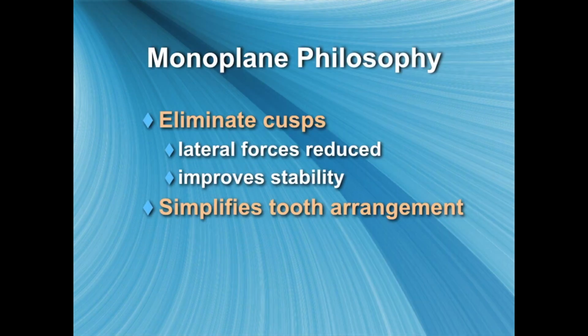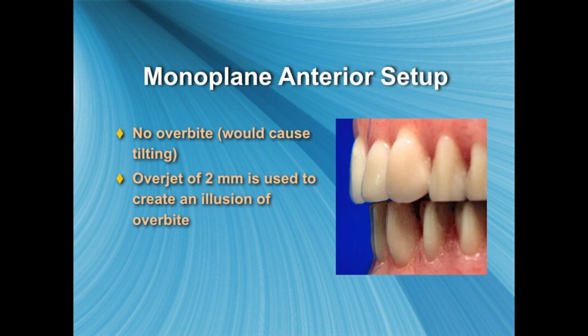The philosophy of the monoplane occlusion is that by eliminating cusps, we reduce lateral forces on the denture and help to improve denture stability. It's also being proposed that this type of tooth arrangement is much simpler for people to establish. Setting no overbite helps to prevent tipping caused by contacts of the anterior teeth in excursions.